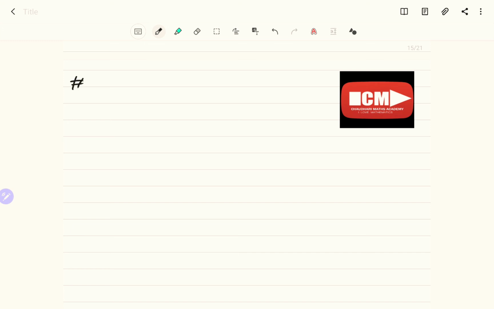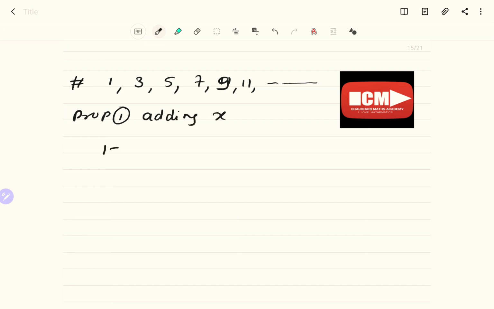There are a few properties, a few important things that you must know about arithmetic progression. The first thing is, if the sequence is in AP, let's say 1, 3, 5, 7, 9, 11 and so on. The first property of arithmetic progression is if you add something to each and every term. Let's say I am adding x to each and every term, like 1 plus x, then 3 plus x, then 5 plus x. Whatever you want to add, make sure that you add it to each and every term.